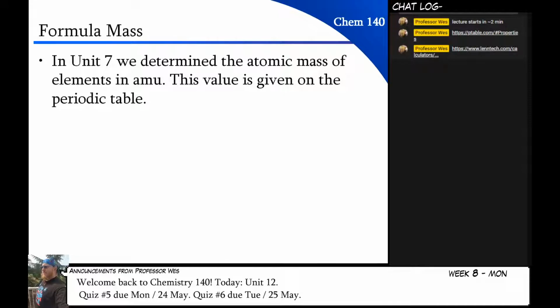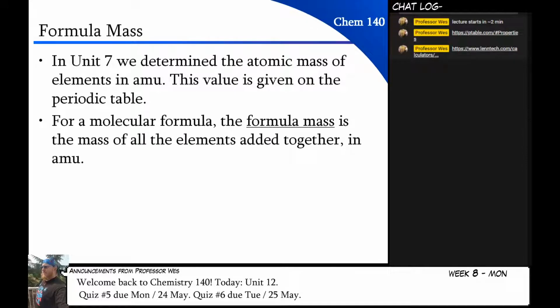Well, it's not an atom, so it'd be molecular mass. What would its weight be? The way that you do that is you just go to the periodic table and add up all the elements together in AMU and report the result to the correct number of sig figs. Yes, you do have to do it to the correct number of sig figs. However, there is a shortcut of sorts that I'm going to show you in a second, so you don't have to worry about it since you're doing addition over and over again.